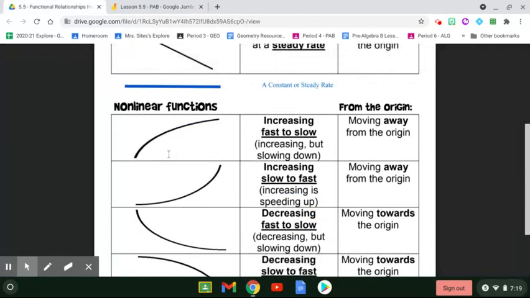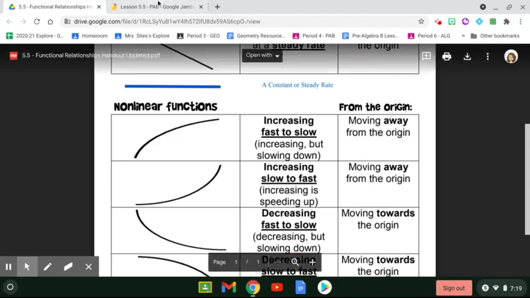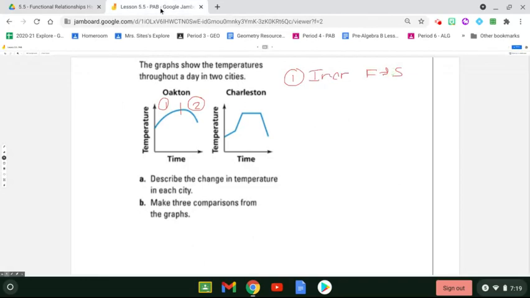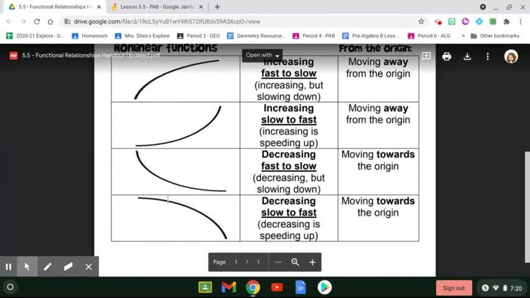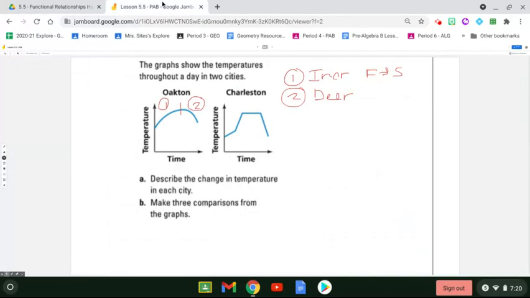Increase from fast to slow. And then the second part of the graph, it's a decrease, but let's see which one it is. It looks more like this one, decrease from slow to fast.